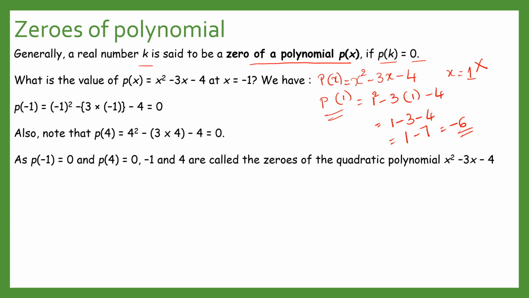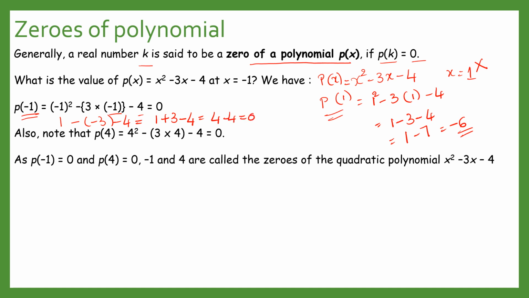Here, if you see, we have substituted x is equal to minus 1. P of minus 1 is equal to minus 1 whole square minus 3 into minus 1 minus 4. What do you get? Minus 1 whole square is 1. Minus 3 into minus 1 is plus 3. So that is 1 plus 3 minus 4, that means 4 minus 4 is equal to 0.